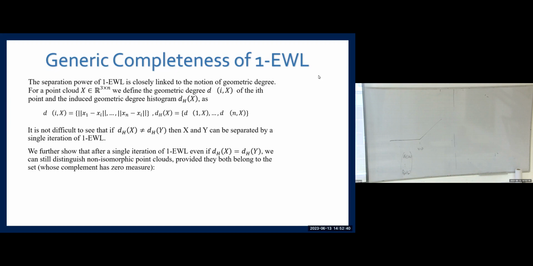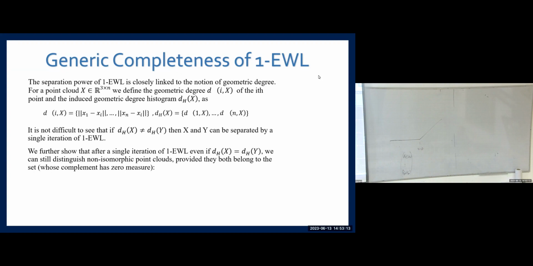And if I remind you earlier, what one EWL does, it looks at the neighbors of each node, saves all of the distance information in a coloring of each node, and then defines a readout function that hashes this set of all of the colorings of the nodes. So if the two degree histograms are not identical, one EWL is going to distinguish the point clouds.